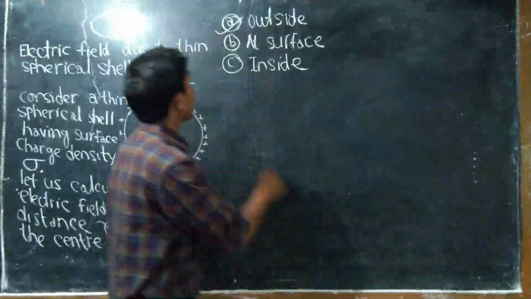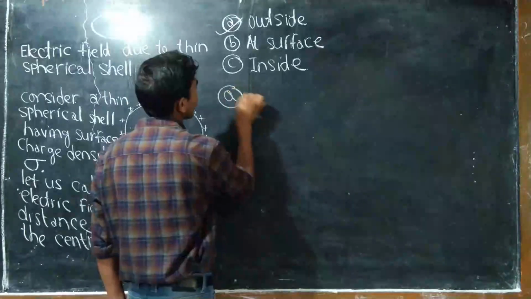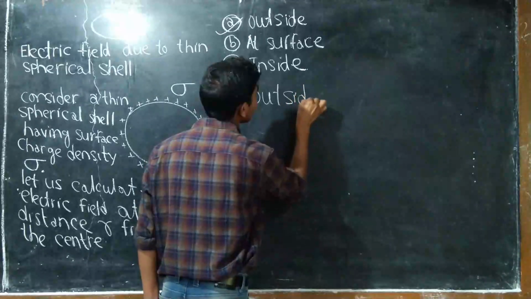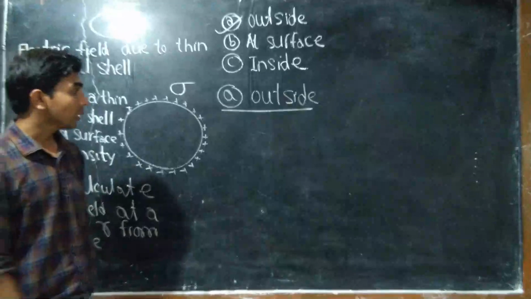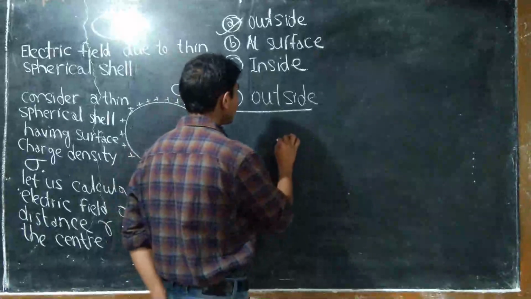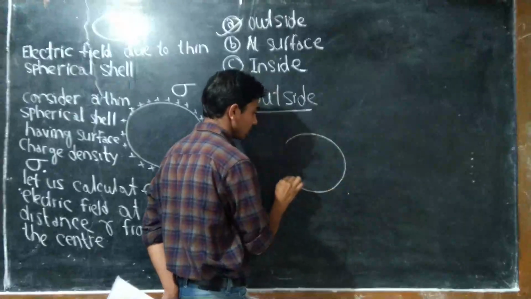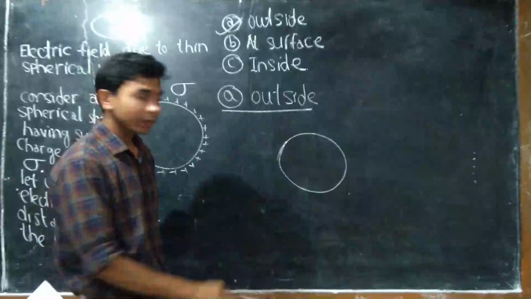That means outside. We are going to find the electric field outside the cell. Suppose this one is your thin spherical cell.